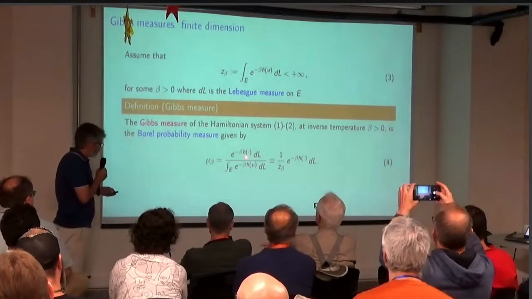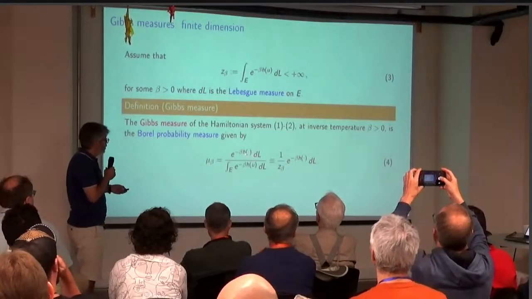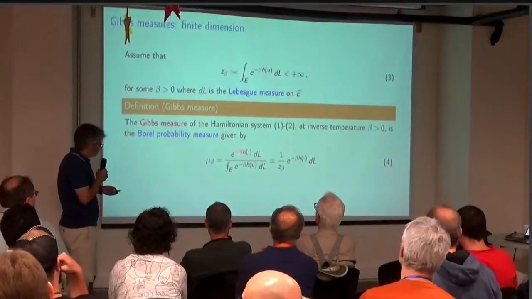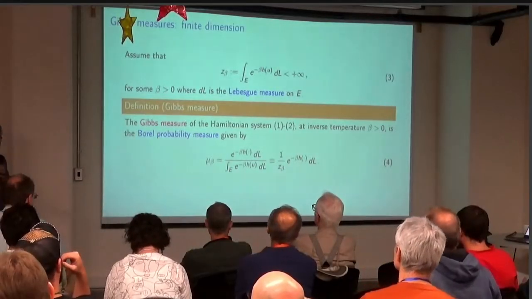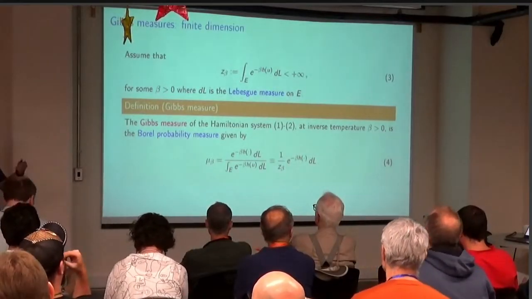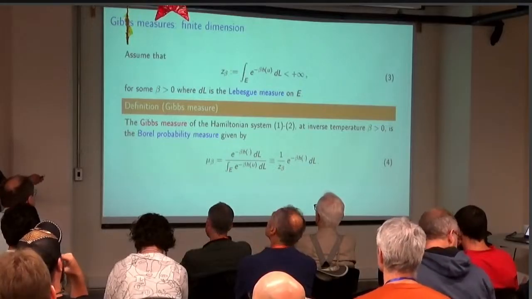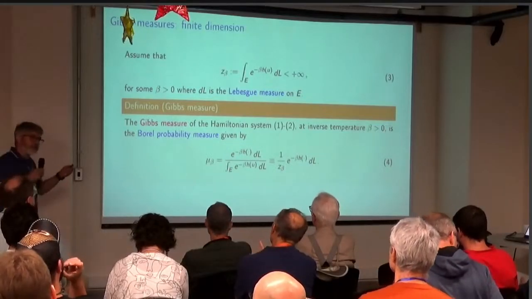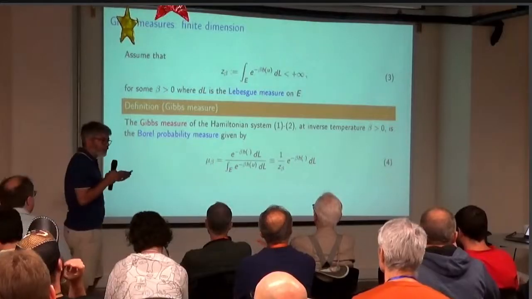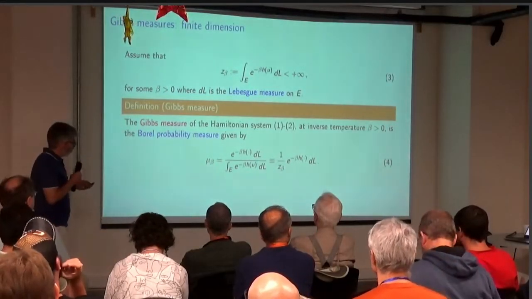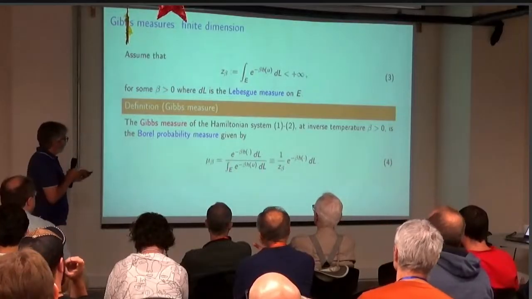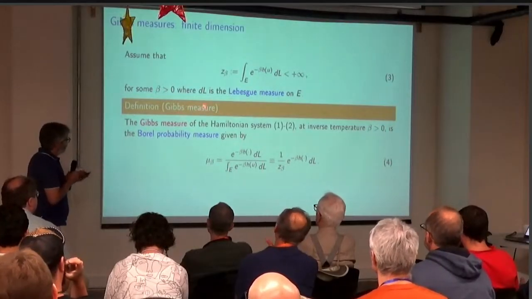It's the Lebesgue measure on the phase space multiplied by the exponential of minus beta times the Hamiltonian. And beta here is just introduced to keep the relation with statistical physics, where it is something like 1 over the temperature. But we can just take beta equal to 1 everywhere on the slides. So this is exactly what Gibbs measures are.